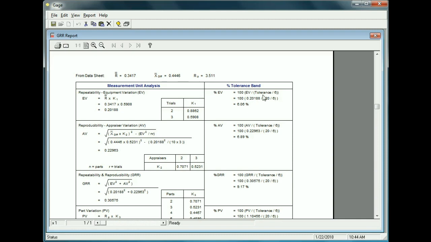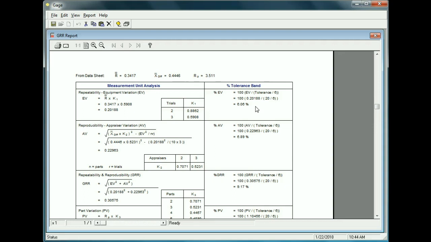However, the comparison basis now is based on the tolerance band, which is 20, divided by 6. So 20 divided by 6 takes us into the same playing field, so that we're dealing with one standard deviation, and the tolerance divided by 6 gives us a similar kind of component for the tolerance band.